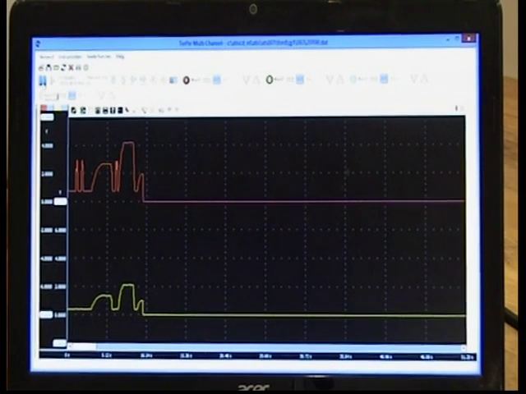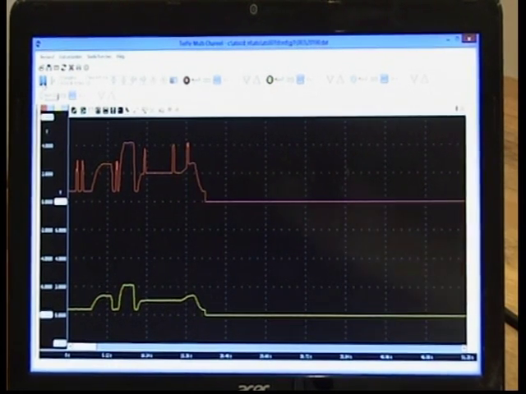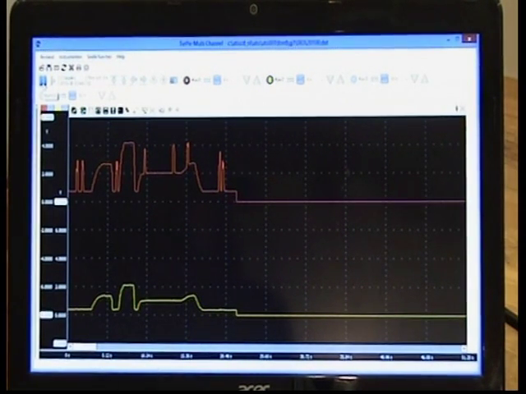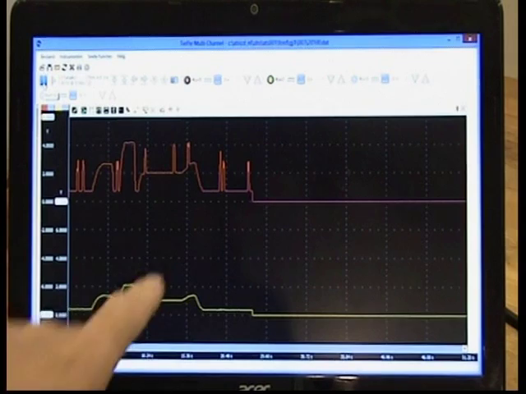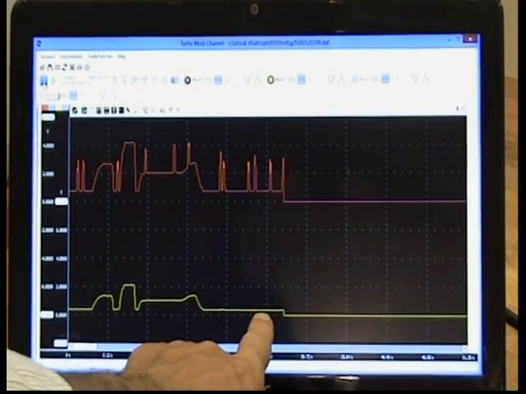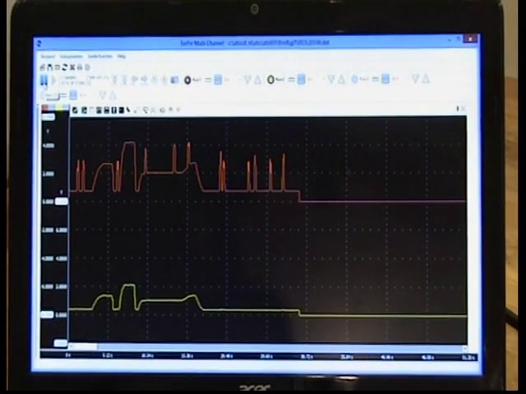And you see, sometimes at this moment you see that there is something wrong with channel 1, the first track, the potentiometer track. So it's going up sometimes. The other track is okay.